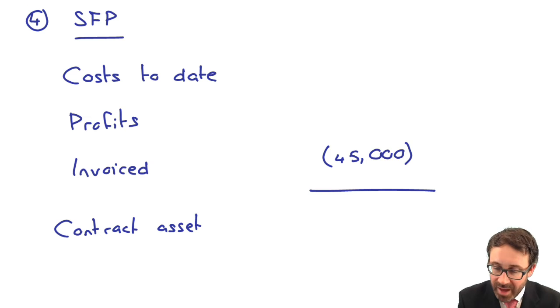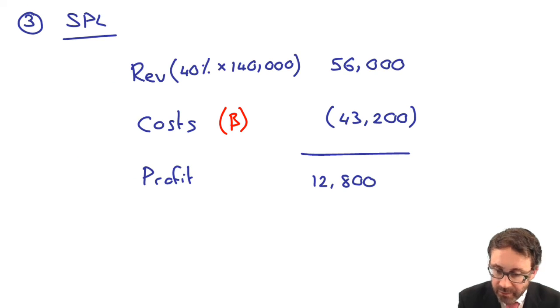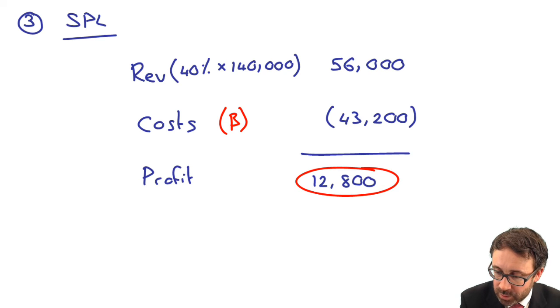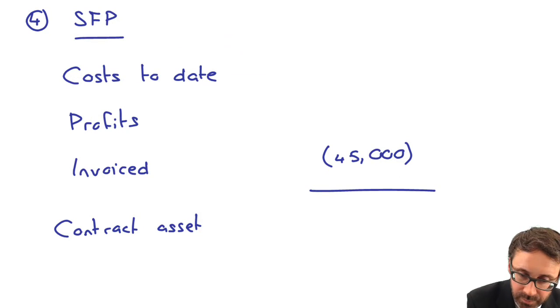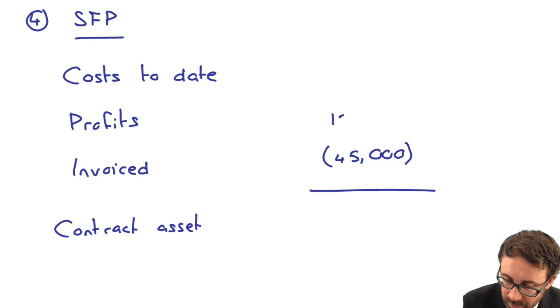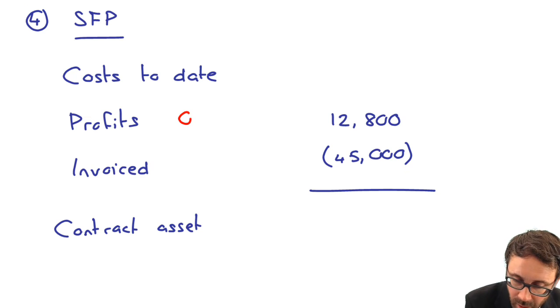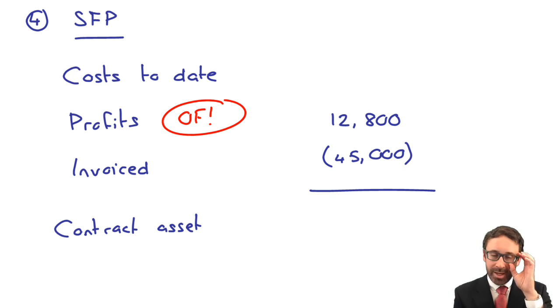So throw that in, shall we? Invoiced is 45,000. Our own figure for the profits is 12,800. So the OF for own figure. Again, easy marks within the exam.